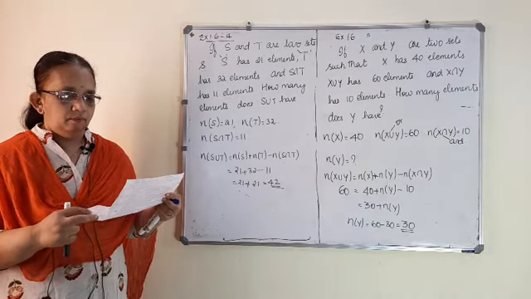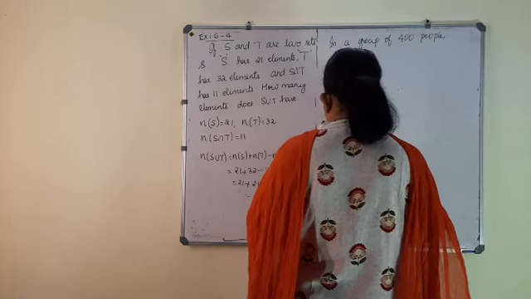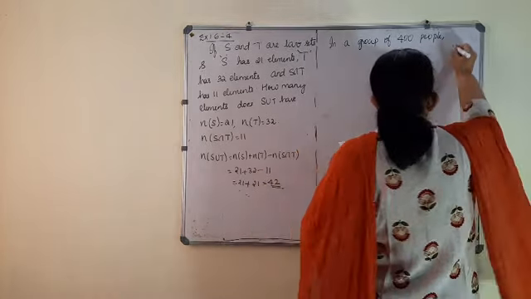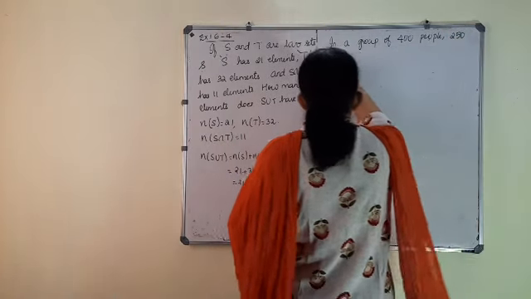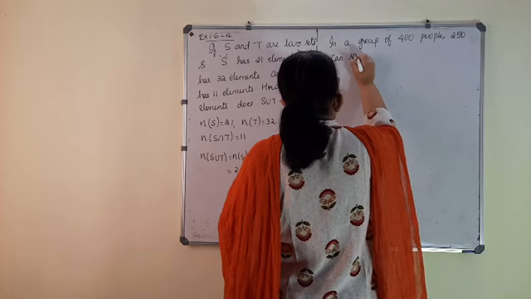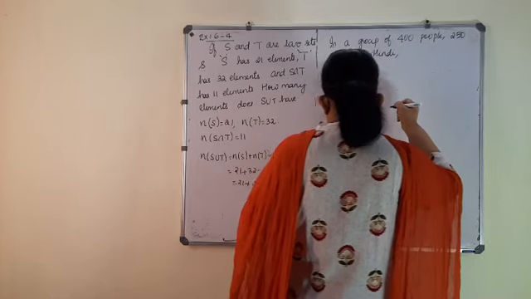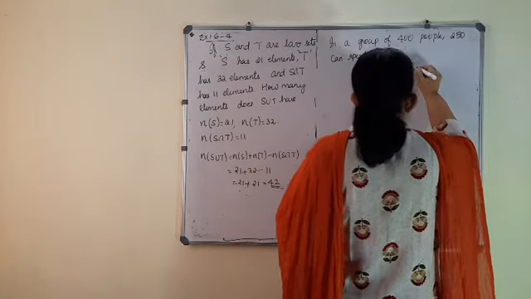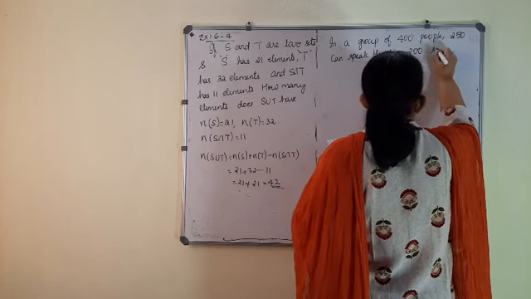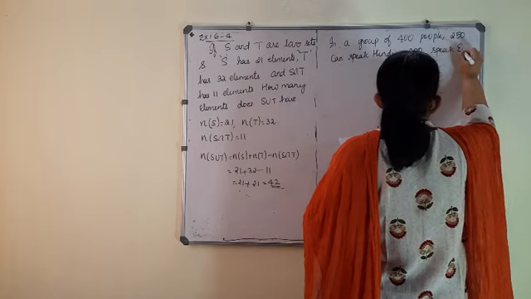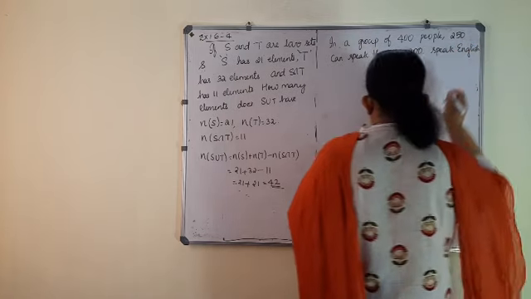In a group of 400 people, 250 can speak Hindi, 200 speak English.